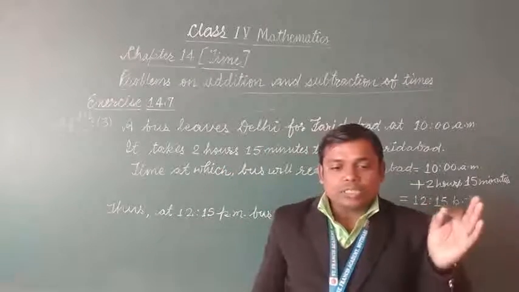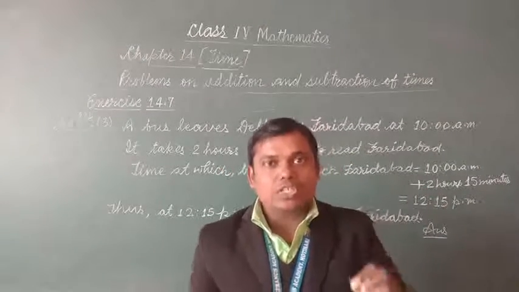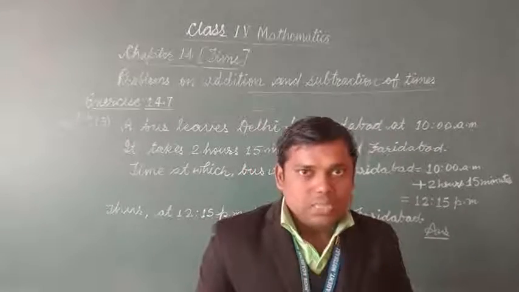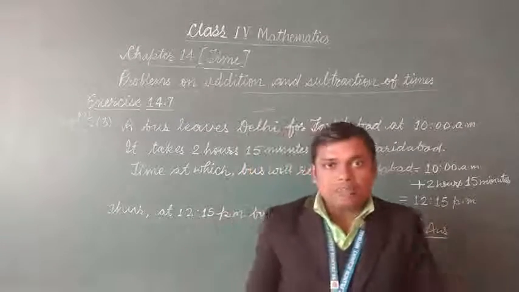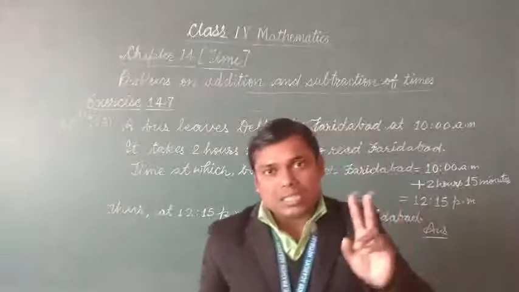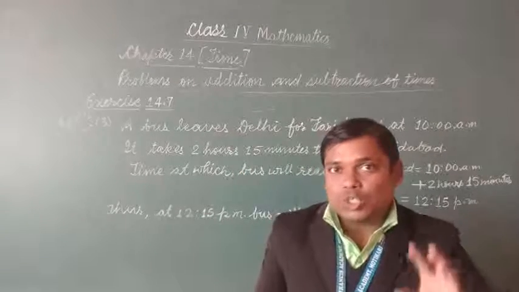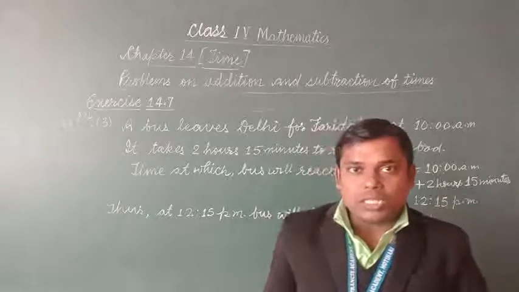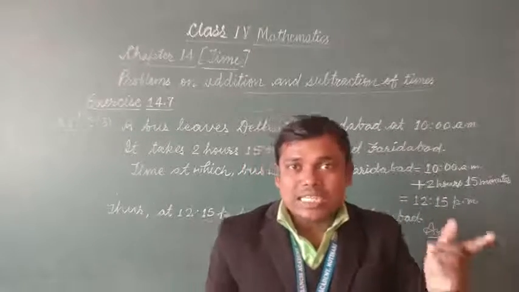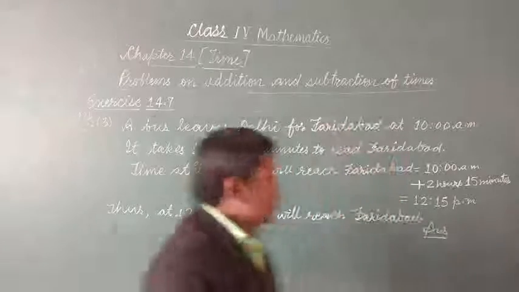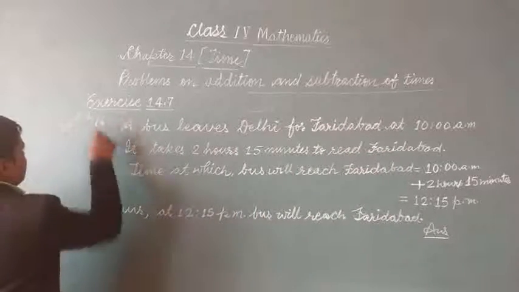Mahesh is going to a place and he is using 2 buses to reach that destination, and the times taken by the 2 buses are given. So we have to simply add these 2 durations to get the total time taken by Mahesh to reach his destination. So I am writing here the solution of question number 6.